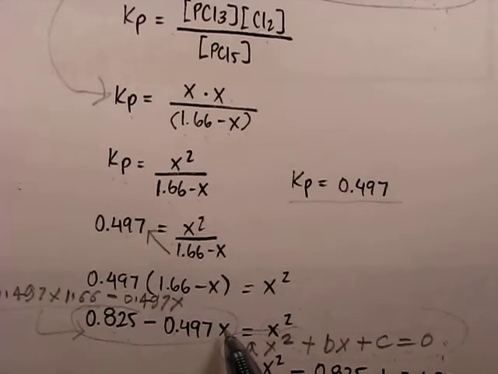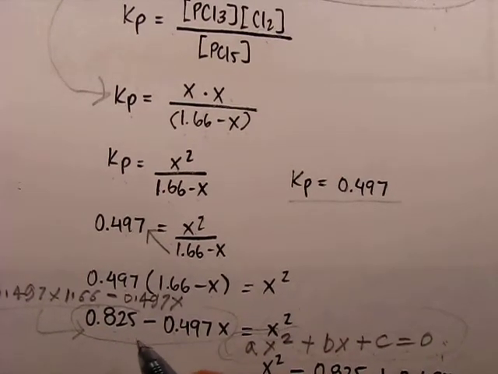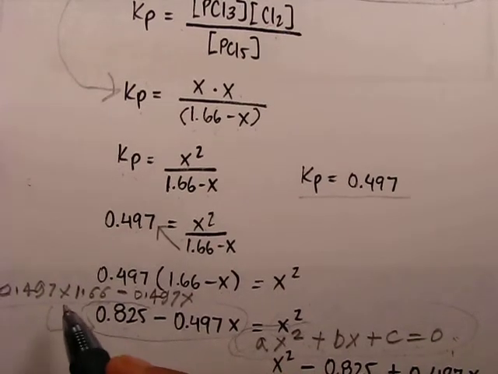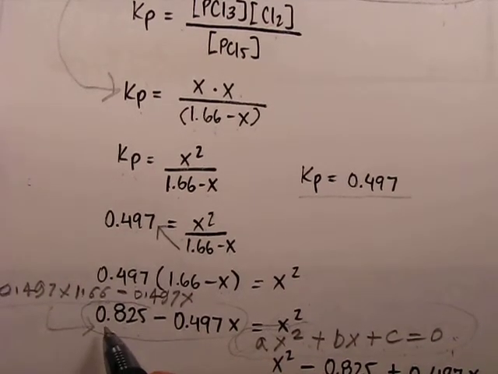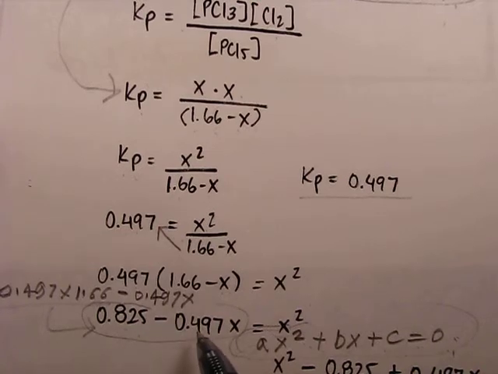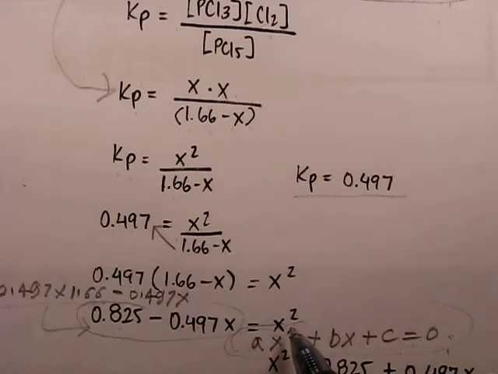After that, the product is 0.825, then minus 0.497x, and x².